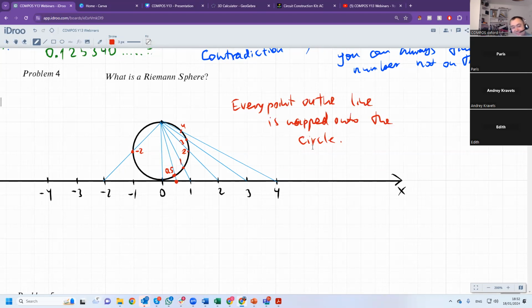Except what? Which 2 values correspond to the same point on the circle?